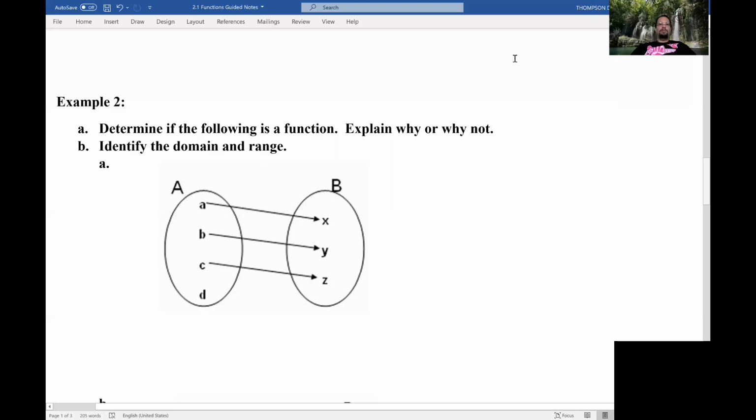Example 2, determine if the following is a function, and identify the domain and range. So in part A, we have a mapping. We have A going to X, B going to Y, and C going to Z. So this is a function.